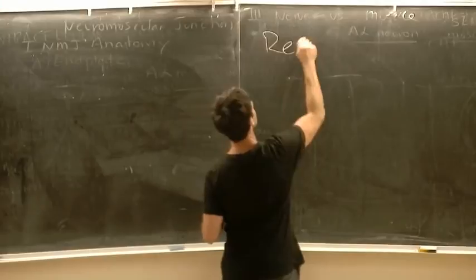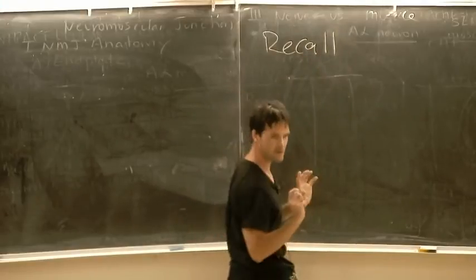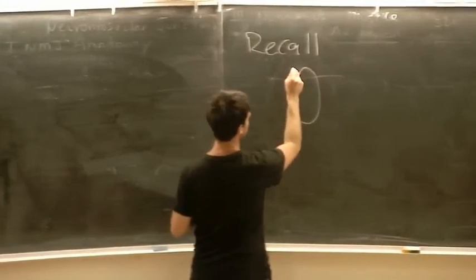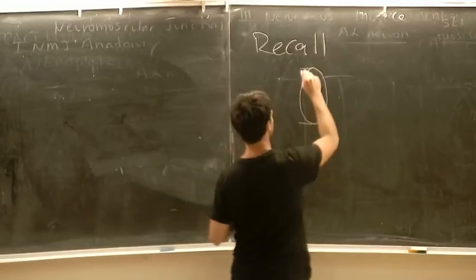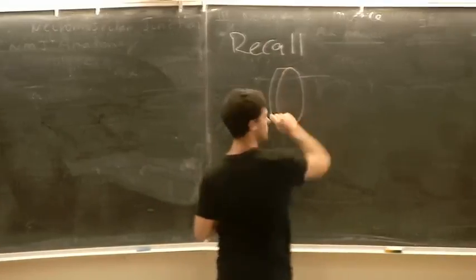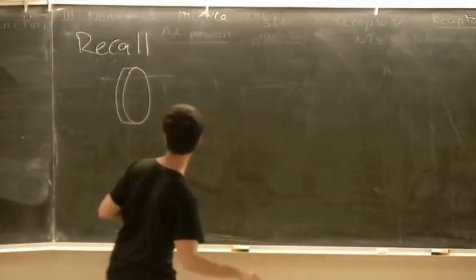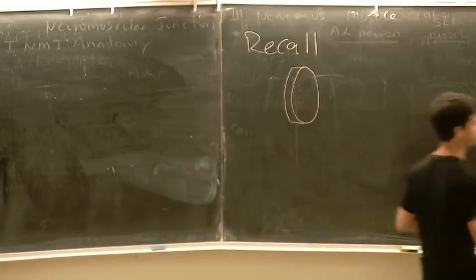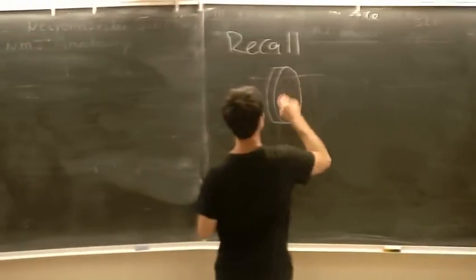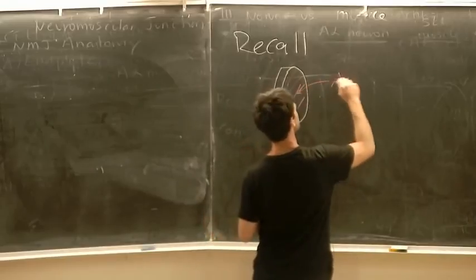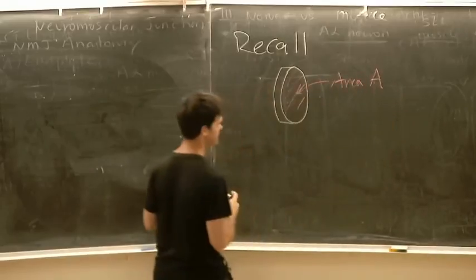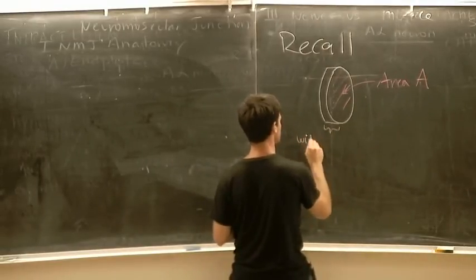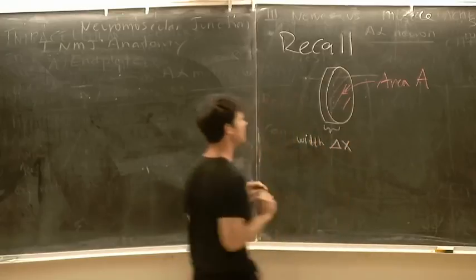So let's recall this. If I have a very thin cylindrical disc, it'll look like this. Basically, this should look like a quarter or like one of these zucchini slices. And we've got a certain area on the face of it. This face has, let's say, area A. And this width, I'm going to call delta x.